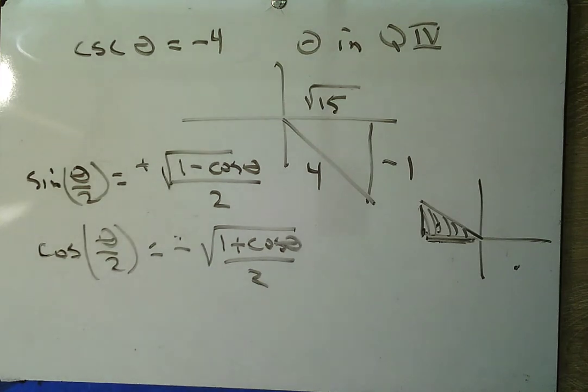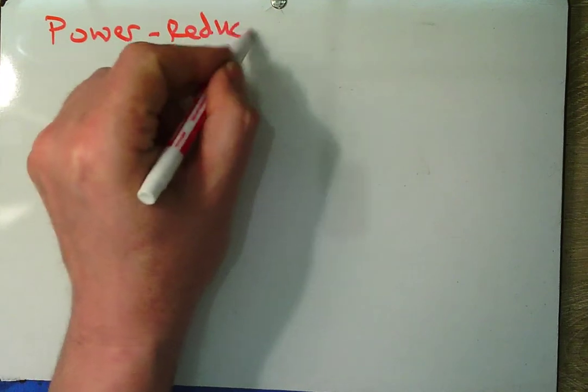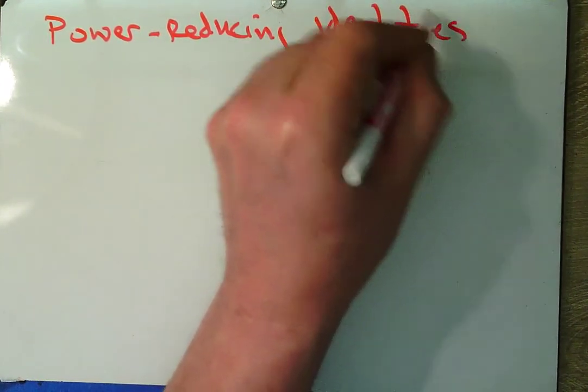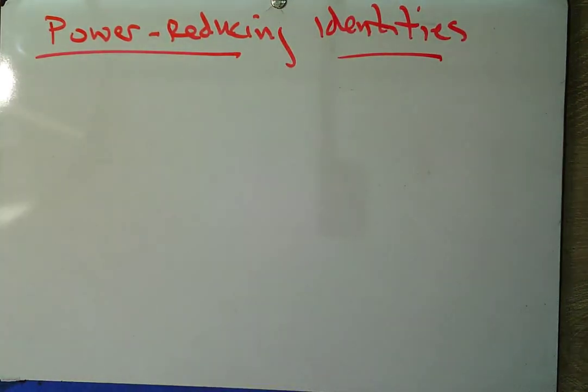Okay, there we go. All right, last thing I want to talk about today are power-reducing identities. These power-reducing identities are old school, like the half angle and double angle are. But as far as usefulness, there will come something that we do in calculus that desperately needs us to use a power-reducing identity.